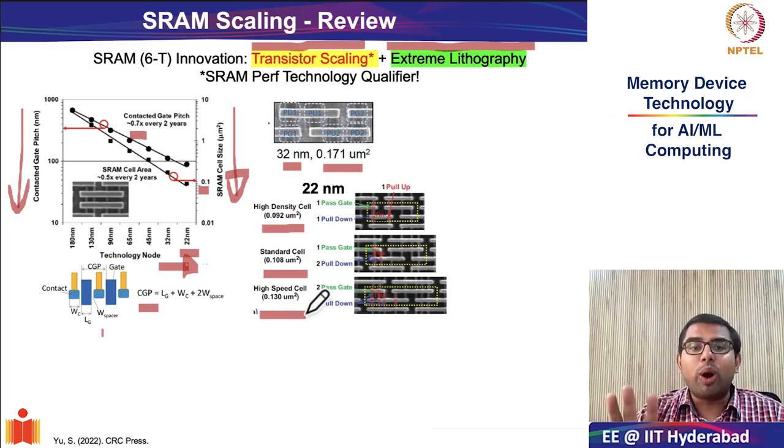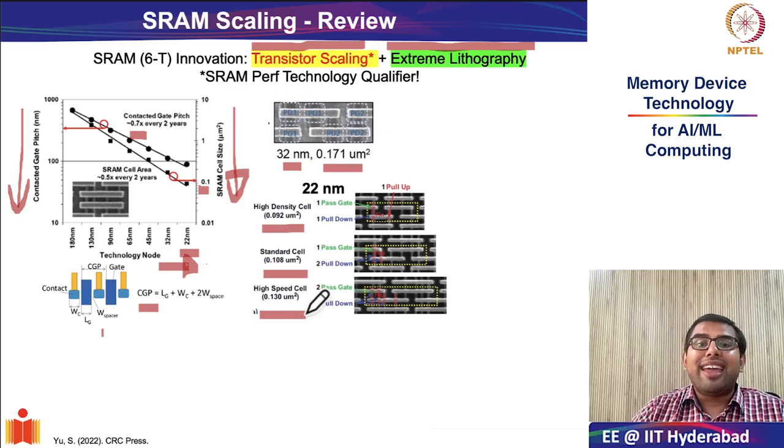We have been seeing throughout that once you try to improve speed, you have to compromise on area and vice versa. So my question to you: pause the video, do a little bit of Googling and see what was that remarkable shift that happened from the 32 nanometer node to the 22 nanometer node that enabled these two very interesting things to happen.